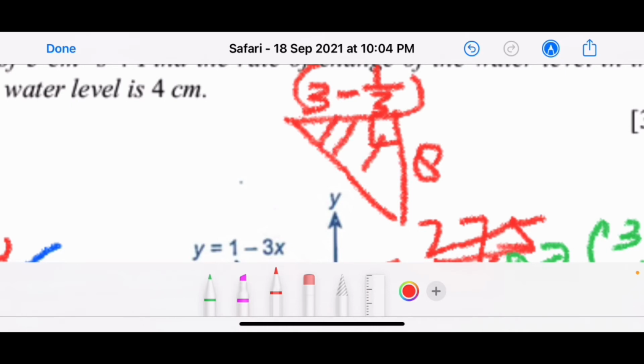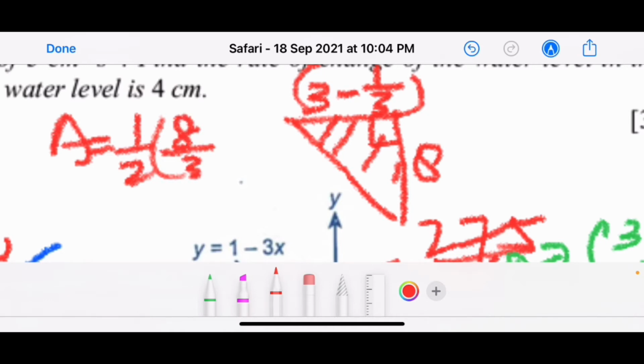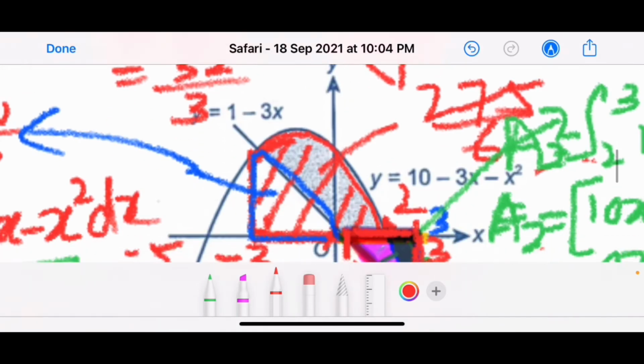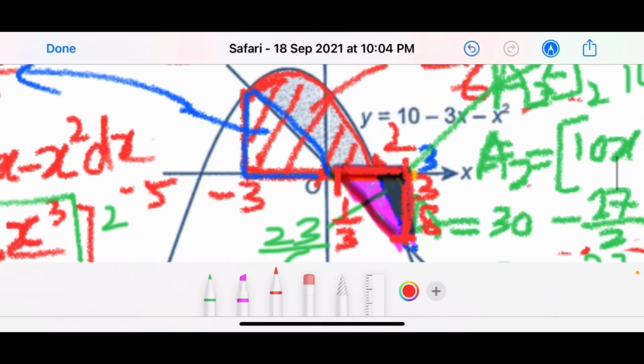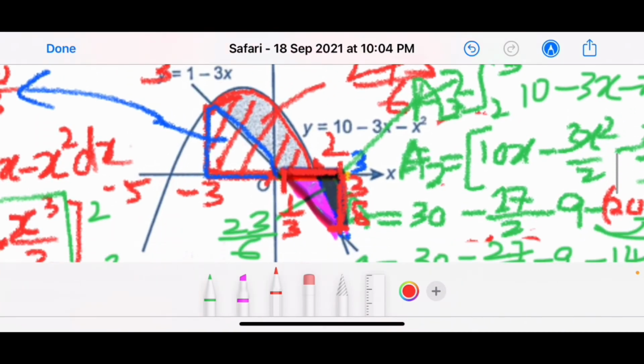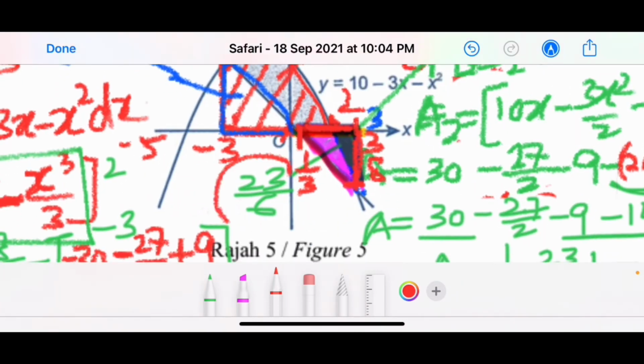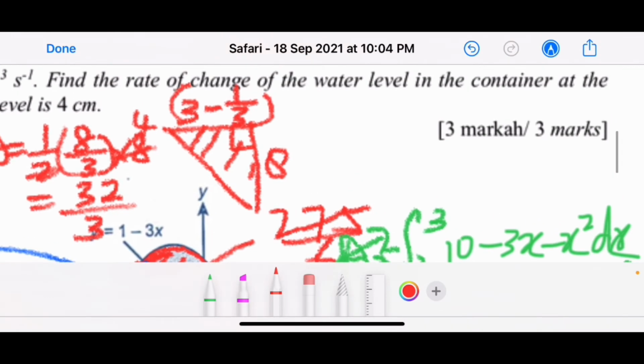So the area here for the triangle is 1 over 2 times 8 over 3 times 8, so it's 32 over 3, the triangle in pink color. So the triangle in pink color has to minus out this one, 23 over 6.